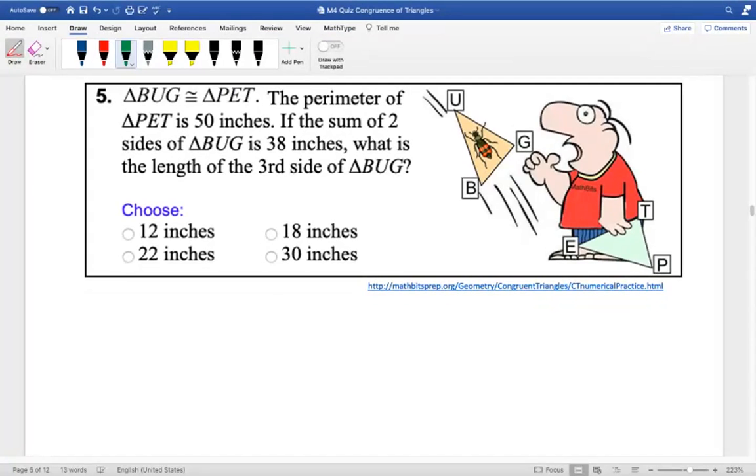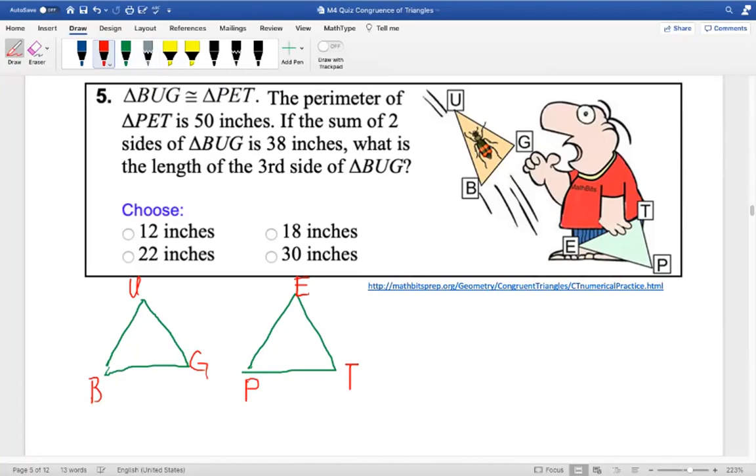In this case, we better draw the figures. Our angles are B, U, G, and B corresponds to P, U corresponds to E, and G corresponds to T. It's better to follow the corresponding parts of the congruent statement so that we can easily identify the corresponding parts once we draw the figure.